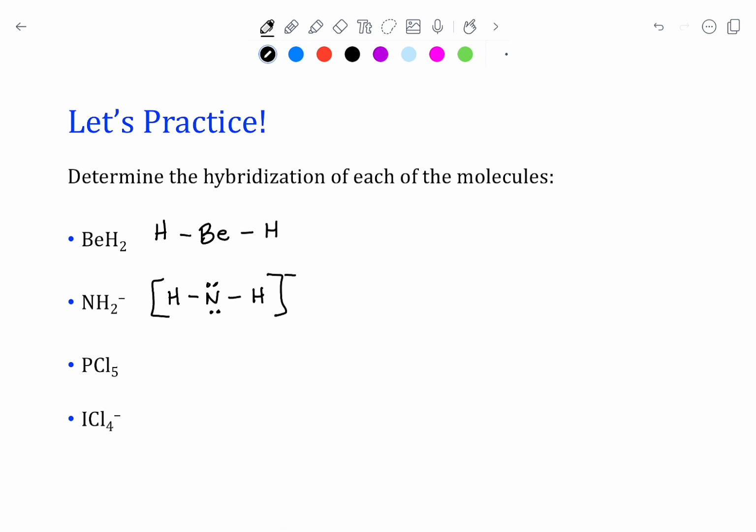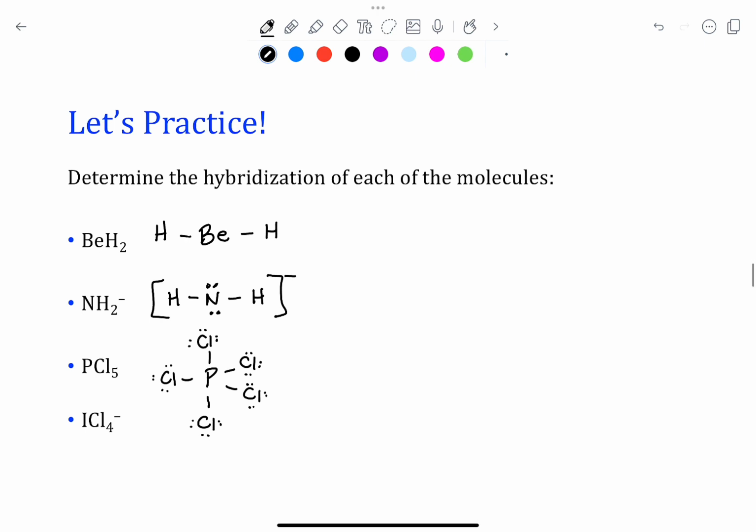We have PCl5. Okay, and then our last one is ICl4 minus, another ion that we have to account for. I'm going to draw that over here.